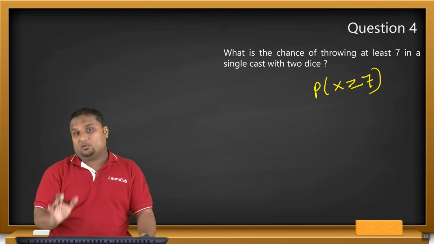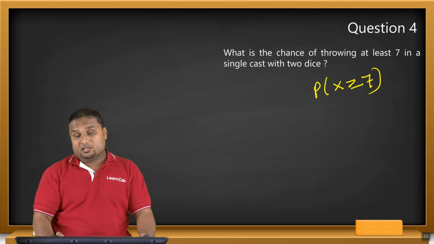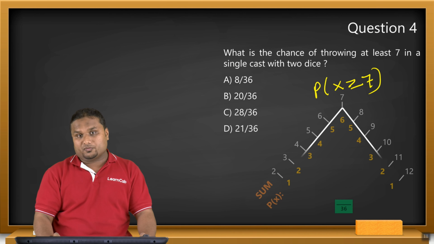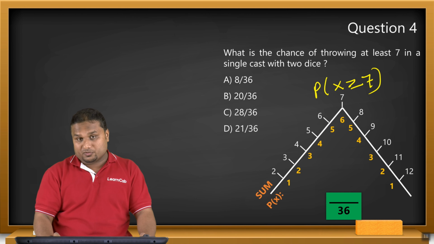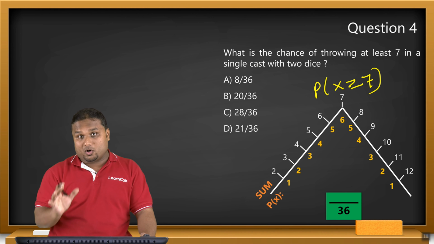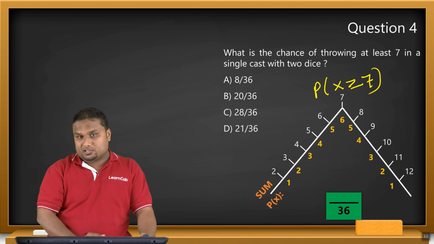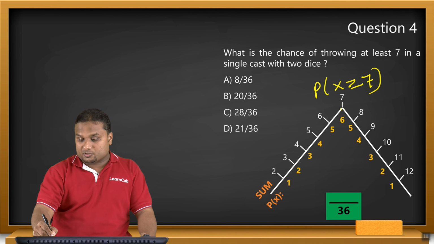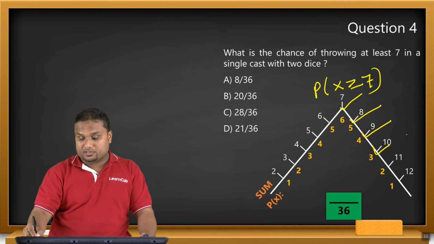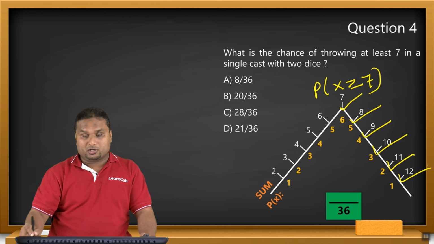You have learned how to find out this sum. The sum is greater than or equal to 7. That is the question. So sum equal to 7 is covered, sum equal to 8 is covered, sum equal to 9 is covered, sum equal to 10 is covered, sum equal to 11 is covered, sum equal to 12 is covered.